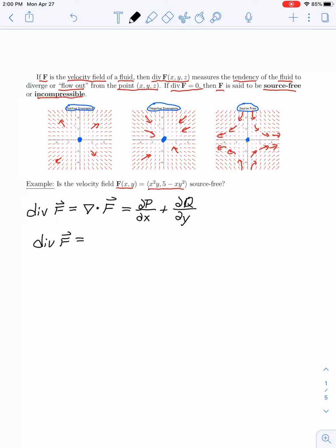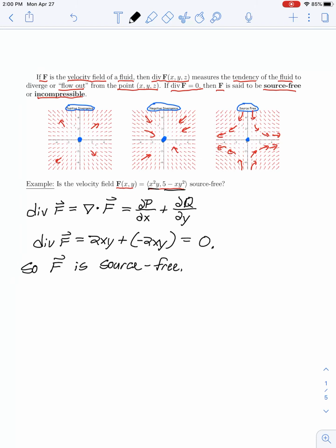The partial derivative of our first component with respect to x is 2xy, plus the partial derivative of this second component with respect to y gives us a negative 2xy. So the sum is 0 for any point in our field. So 0 divergence means that this vector field is source-free, or incompressible, we could say.